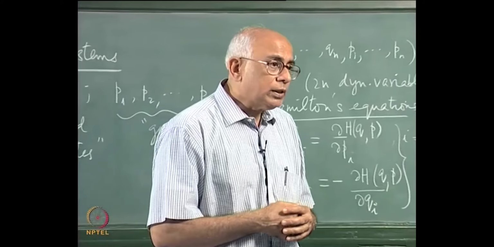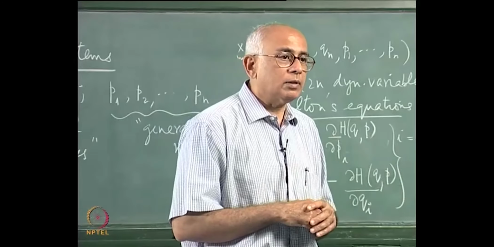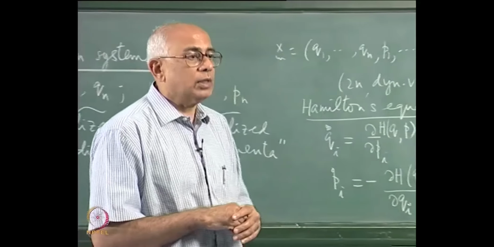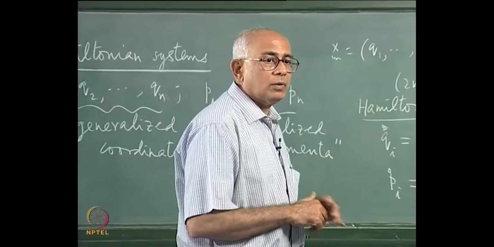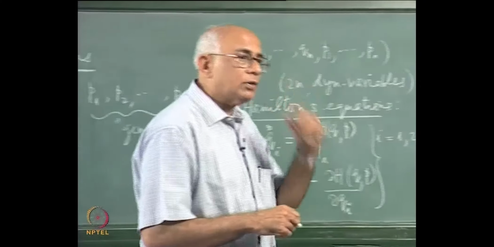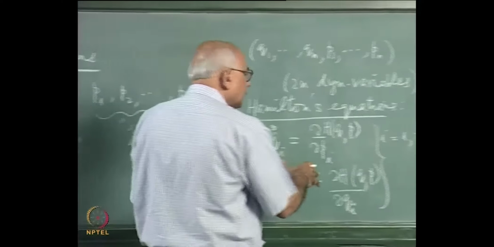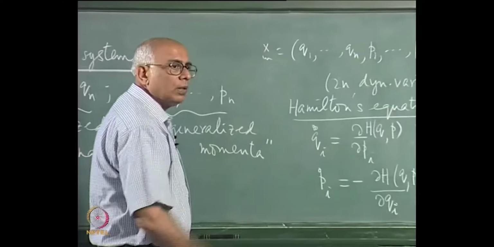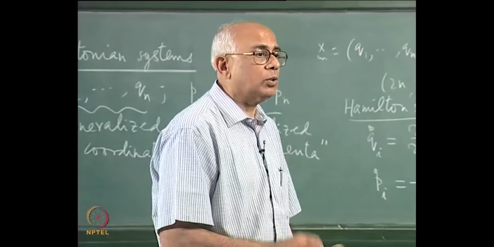The original motivation was of course the observation that Newton's equations of motion in the case of conservative forces are essentially Hamiltonian equations, and this is a generalization of the idea which one already has from Newton's equations of motion. So let me do this in a formal way, and then we go back in a minute and see that ordinary mechanics is indeed a special case of Hamilton's equations of motion with a specific prescription for the Hamiltonian function.